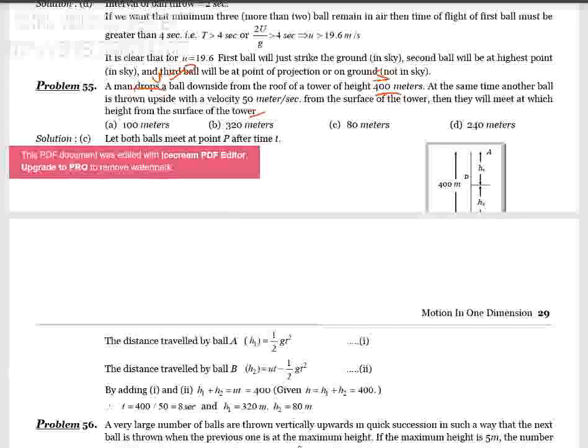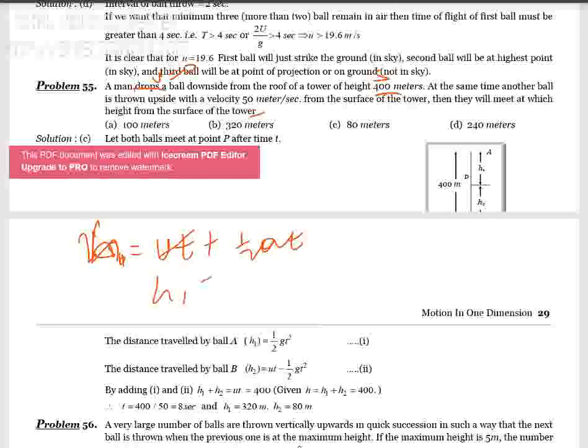But first to get S1, since U is 0, then S is equal to UT plus 1 over 2 AT squared. For the first one, H1 is equal to UT plus 1 over 2 AT squared, and this one becomes 0, and finally H1 is equal to 1 over 2 AT squared.